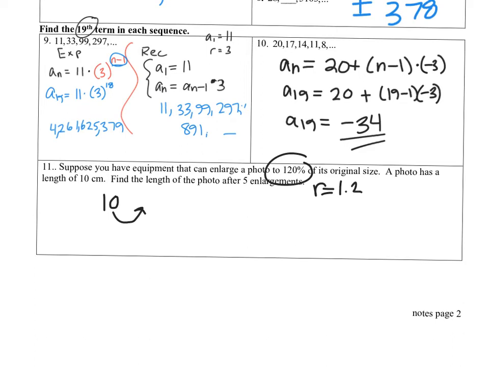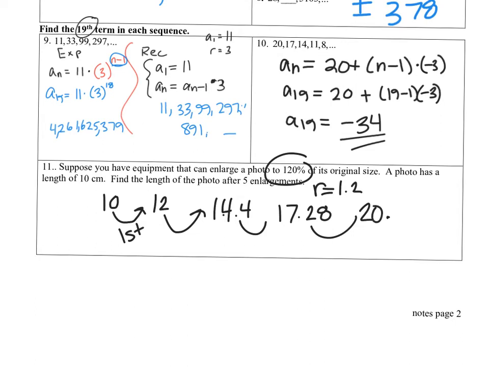So I do 10 times 1.2, and I get 12. So that's after the first enlargement. Then I enlarge it again. So 12 times 1.2 is 14.4 centimeters. Then I times it by 1.2 again. So that's 17.28. So after the fourth enlargement, it's going to be 20.736.